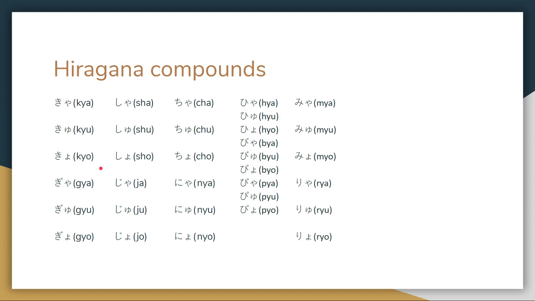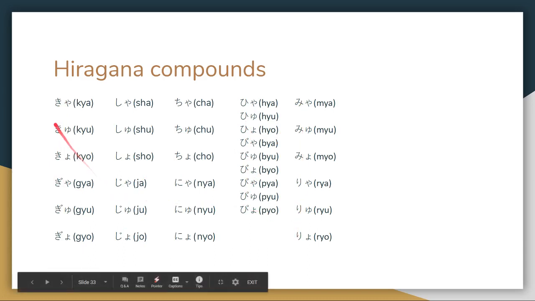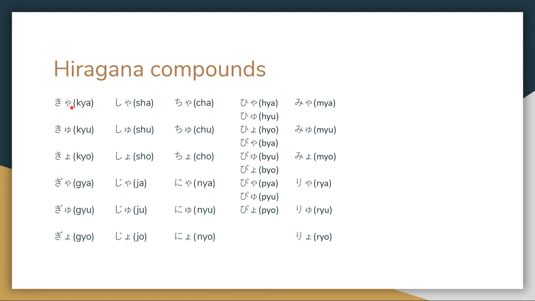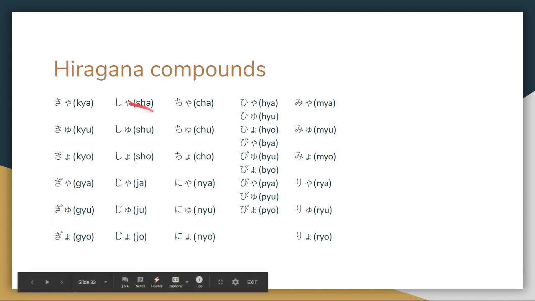Obviously, there's no yi or wi. If you combine them with a ya, yu, or yo, you will get a different way to say it. In this way it is kya, kyu, kyo. So it's ki, ya, but you combine it together: kya, kyu, kyo.